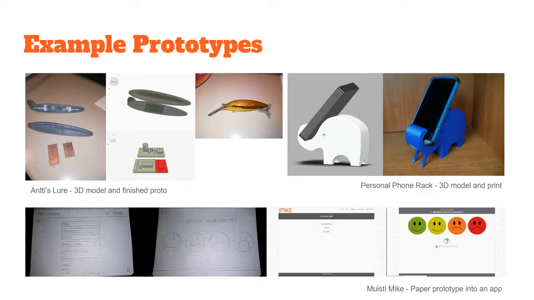Then this one is my own hobby. My favorite hobby is fishing, and basically these are my different prototypes. That's the first prototype I have done on this. This is an electronic lure, so it has some electronics inside of it. It has a printed circuit board with some electronics and batteries and such things.